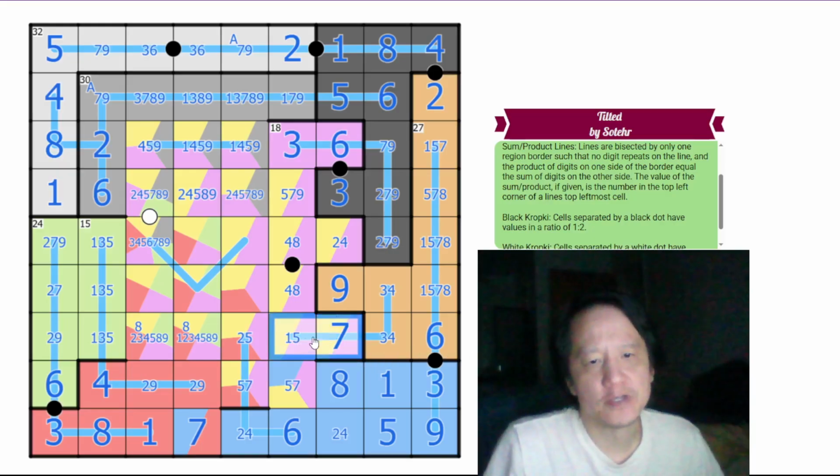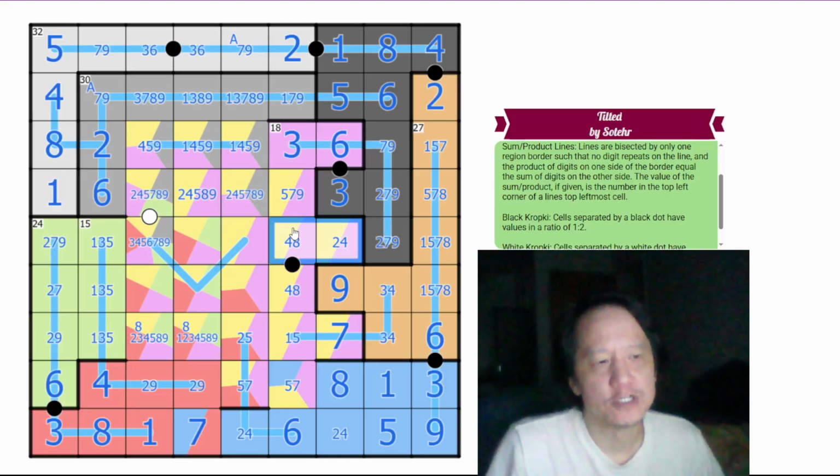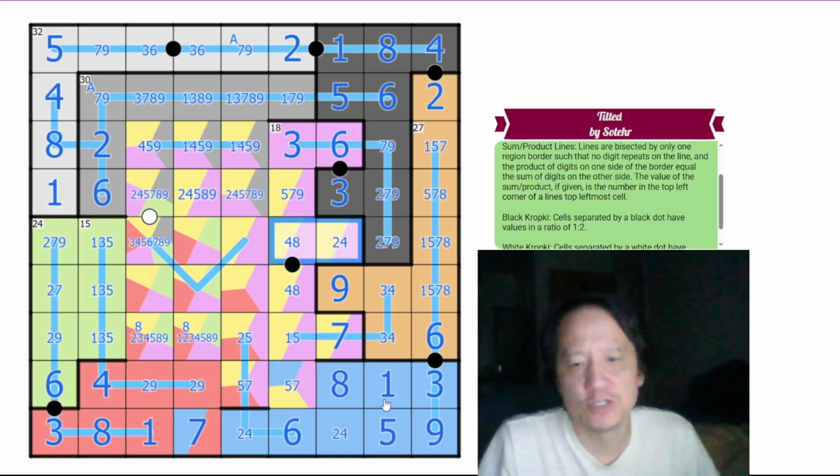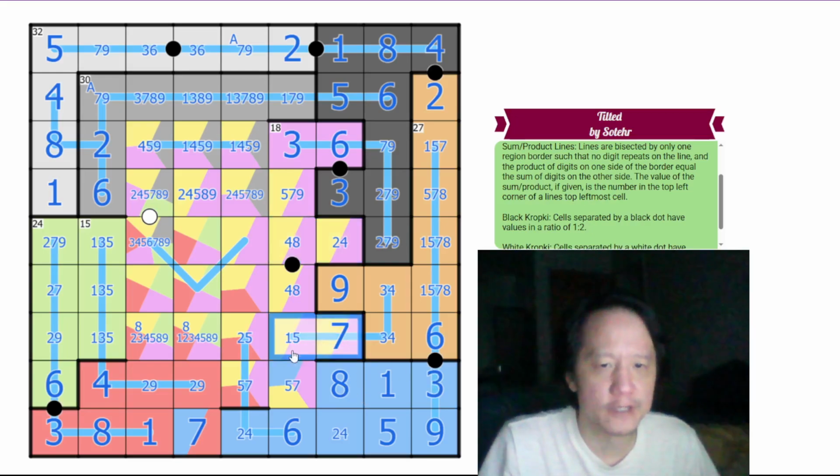So these are the same region. This is the same region. We just don't know which ones it goes to, right?